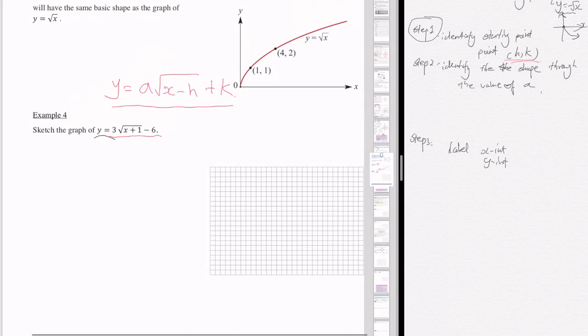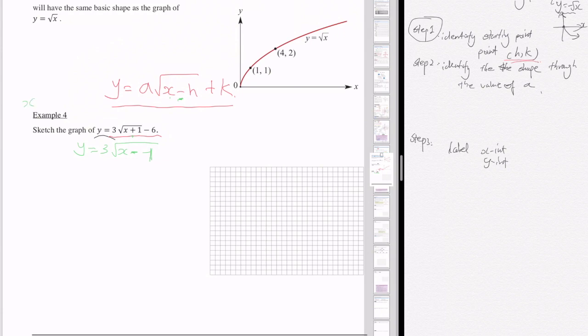So what does it mean? Here, you see it's x minus h, whereas in my example, it's x plus. They are not the same, so I have to make them the same. I need to do a little bit of rearrangement, like what we did before. So I can write it as y equal to 3 times square root x minus negative 1.